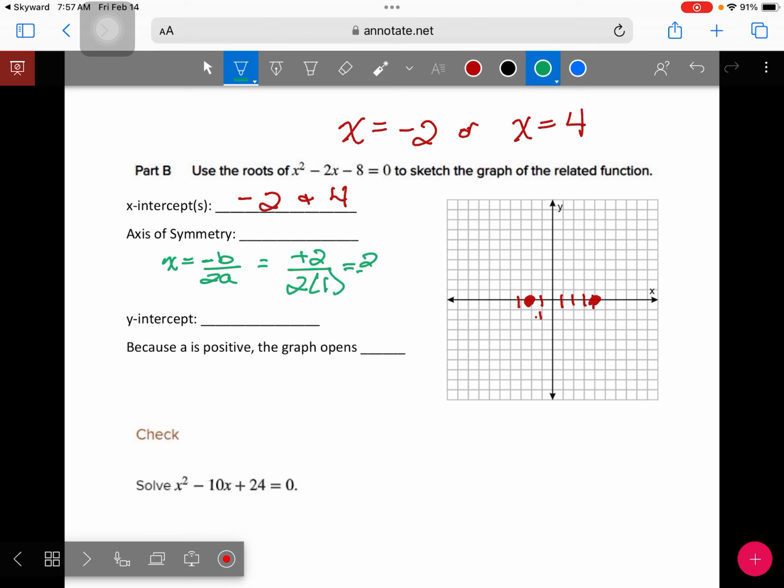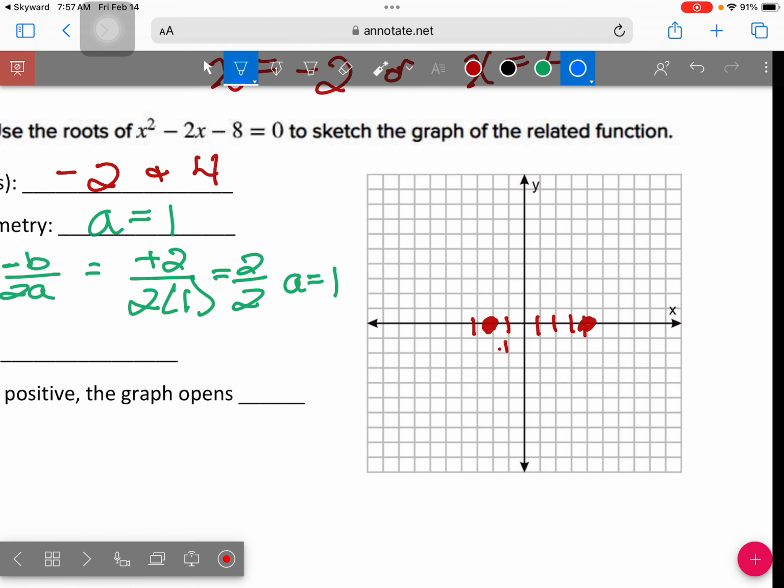So that's 2 divided by 2. So x is equal to 1. So at x equals 1, let's do a nice big dashed line. Your axis of symmetry. X equals 1.